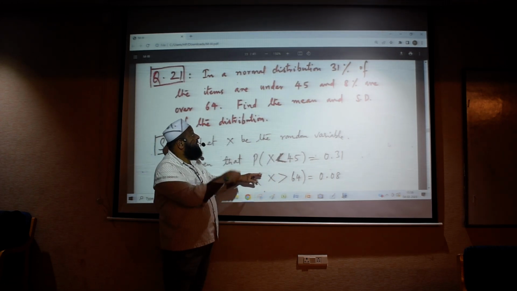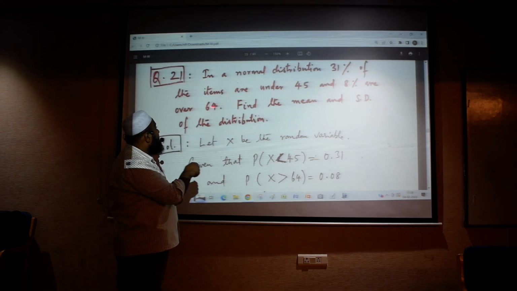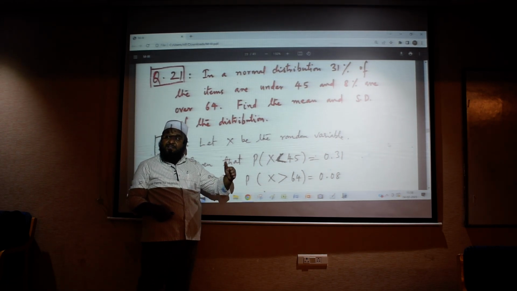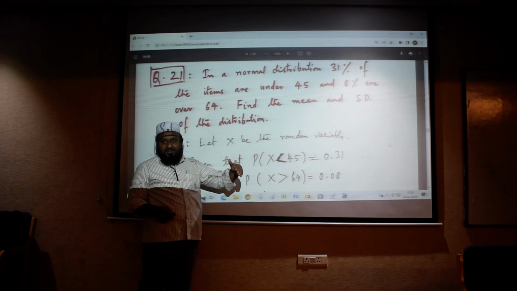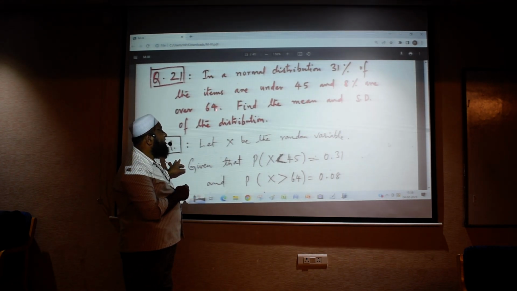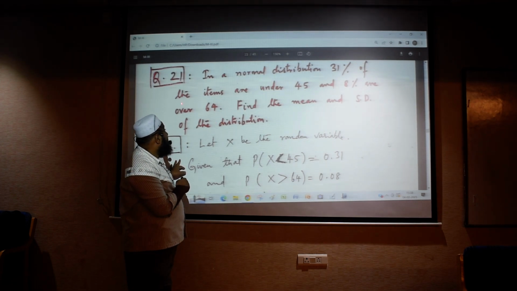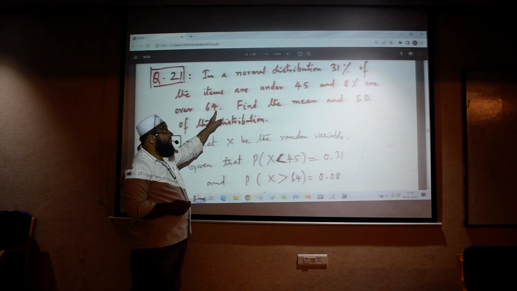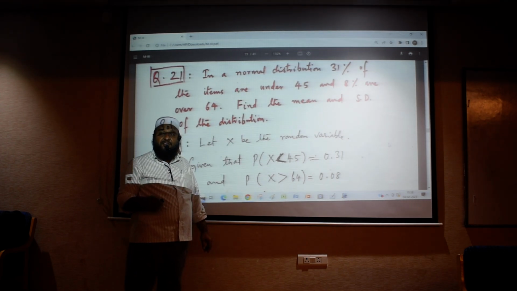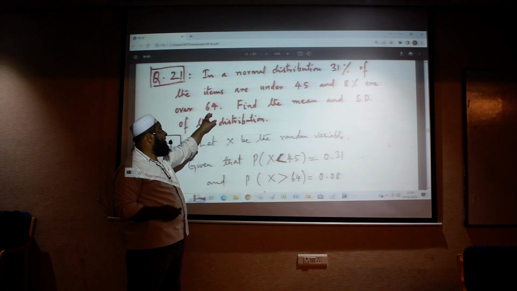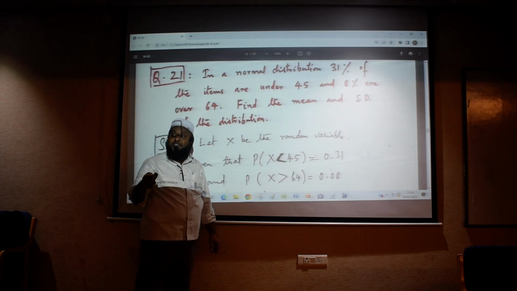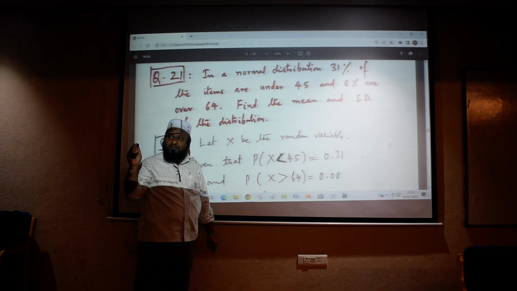What is given? One more: 8% are over 64. X values greater than 64 are 8%. So the probability that X is greater than or equal to 64 is 0.08, not 0.8, because 0.8 would become 80%.